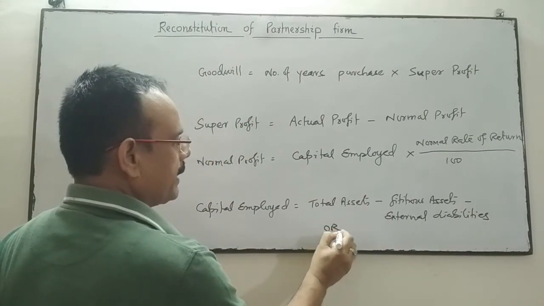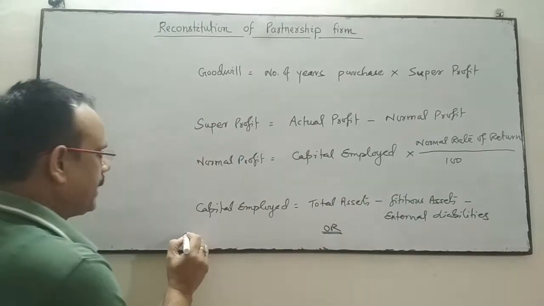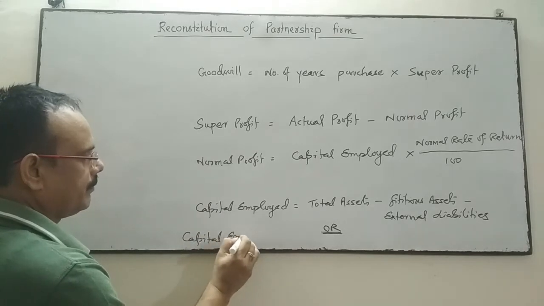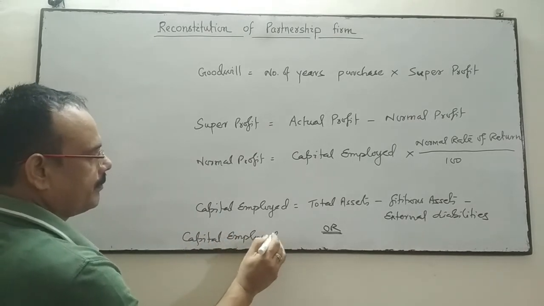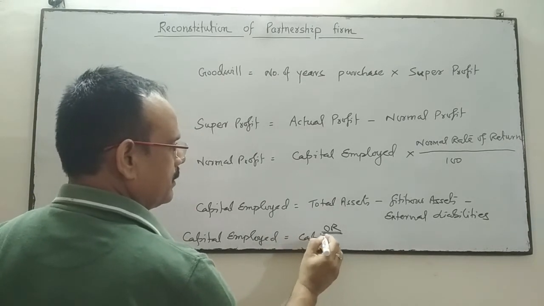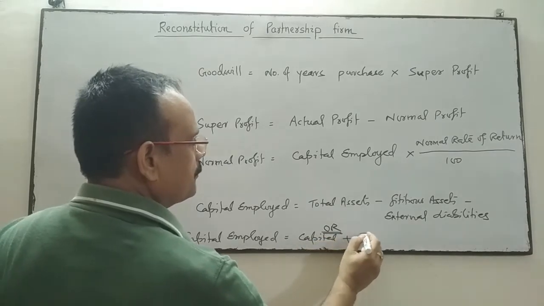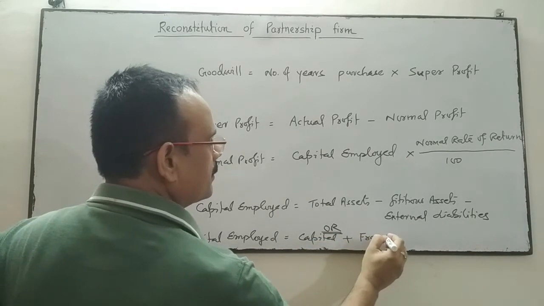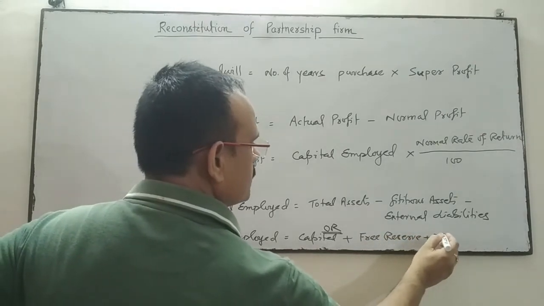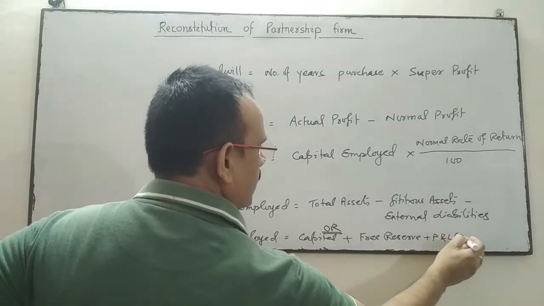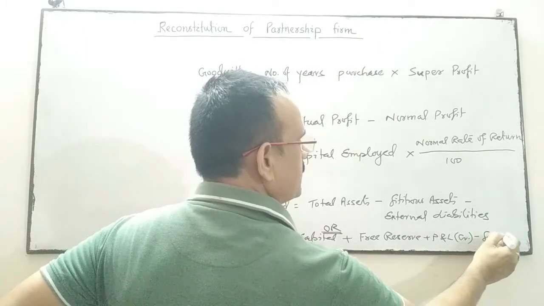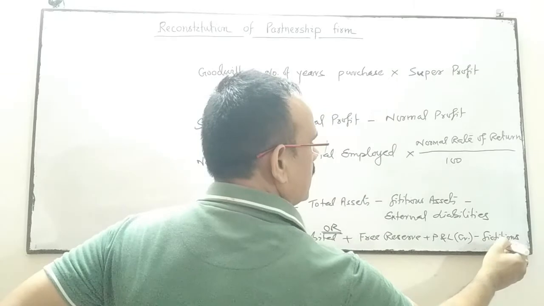Another way to calculate capital employed: capital employed is equal to capital plus free reserve plus profit and loss credit balance minus fictitious assets.